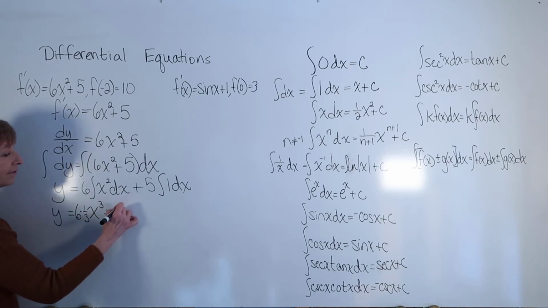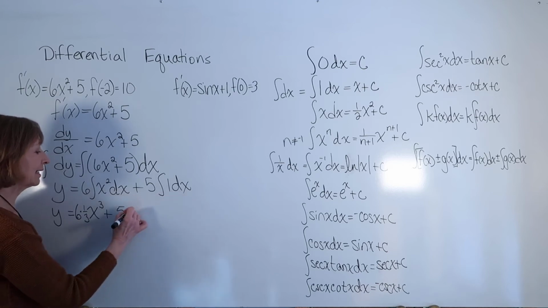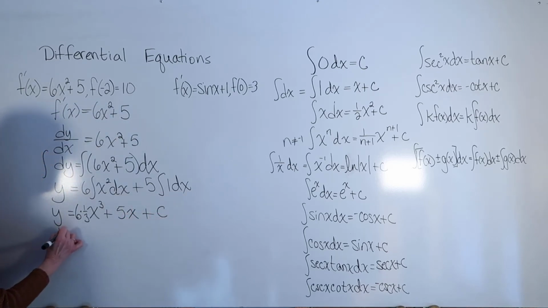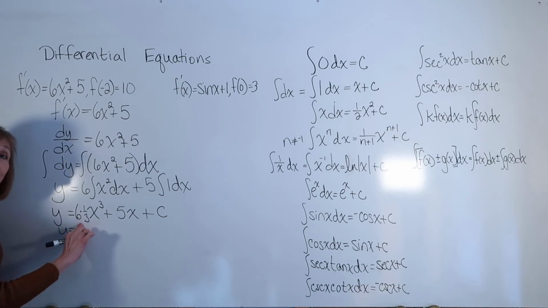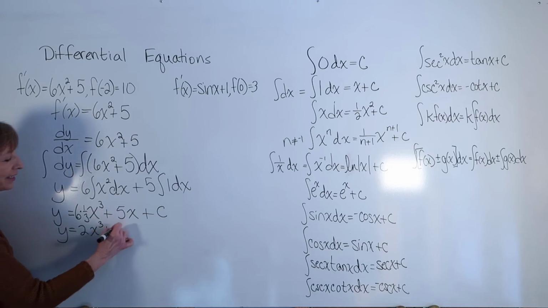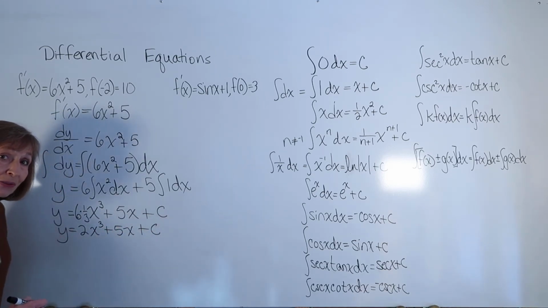Then plus 5 times the integral of 1 dx is x, and then plus c. So now I have y is equal to, well, 6 times 1/3 is 2. So I have 2x cubed plus 5x plus c. That is my general solution.